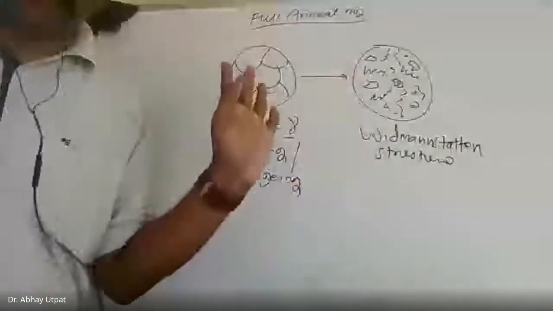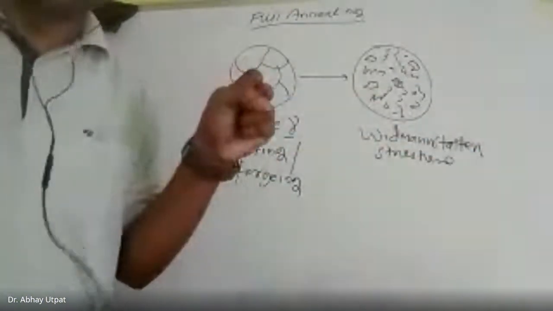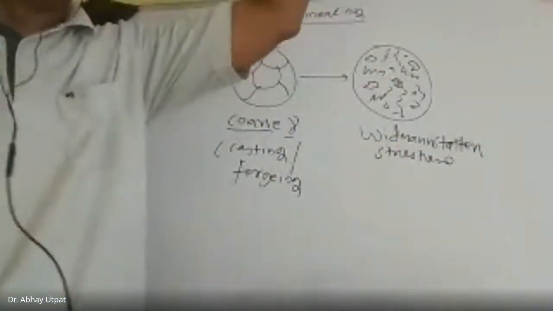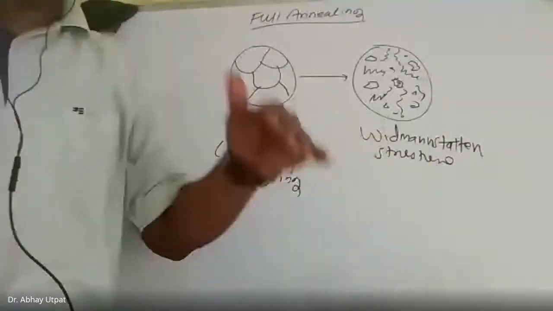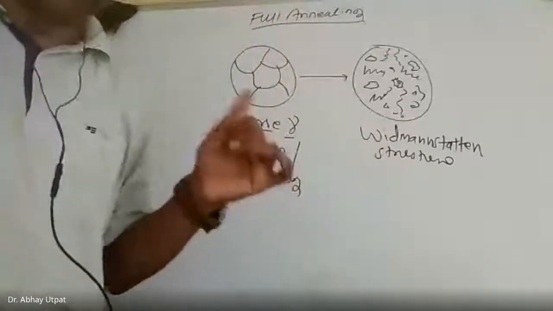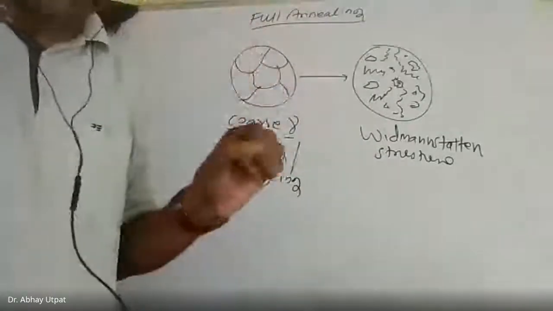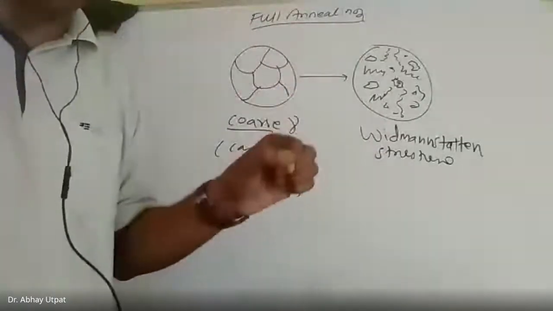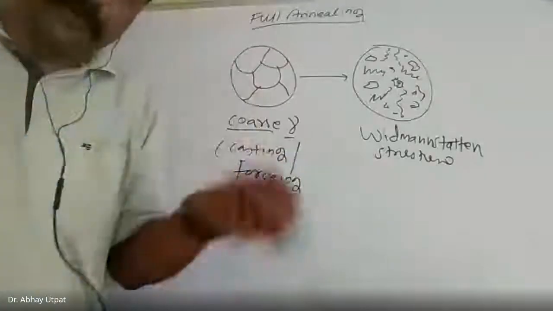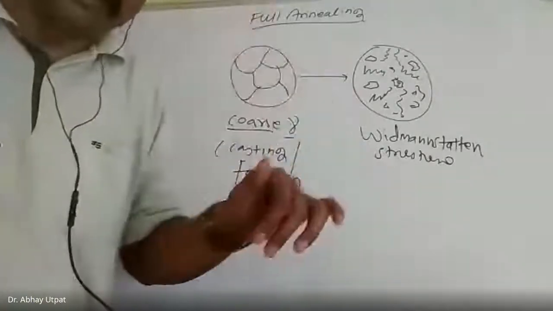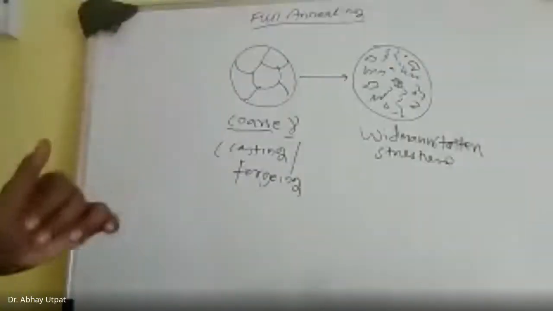It has poor mechanical properties. So what does annealing do? That casting is taken and heated once again to the full annealing range. What the full annealing range is, I will tell you in the next step. It is some temperature above the A3 temperature, 20 to 40 degrees Celsius above. So if the A3 temperature is 800, you heat at 830 or 840. If the A3 temperature is 850, you heat at 880 or 890. So 20 to 40 degrees Celsius more than the A3 temperature.